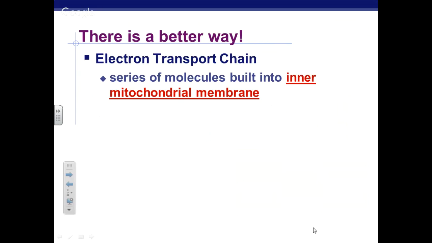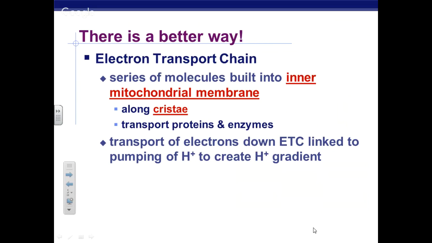So you'll have all day tomorrow to start drawing, making your beautiful stuff, and cutting and making little movable electrons and stuff. All right. So the ETC is basically a bunch of proteins built into the inner mitochondrial membrane, along the cristae, the folds. These enzymes and molecules are called cytochromes.